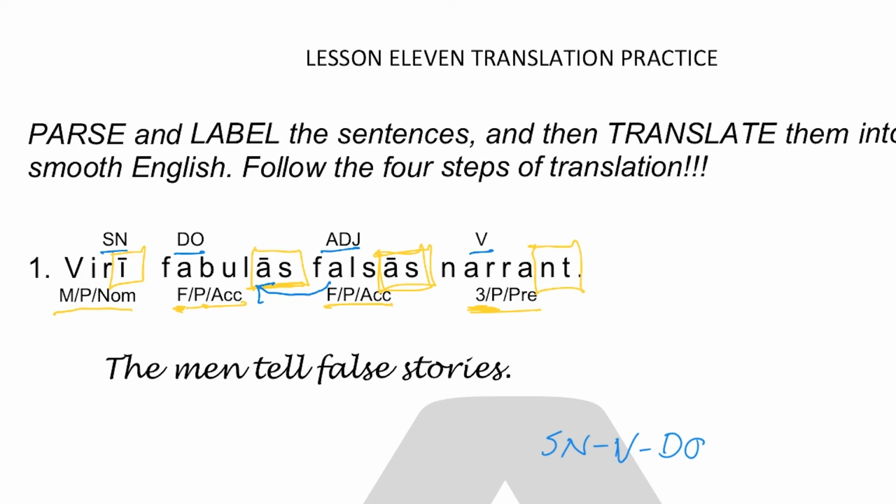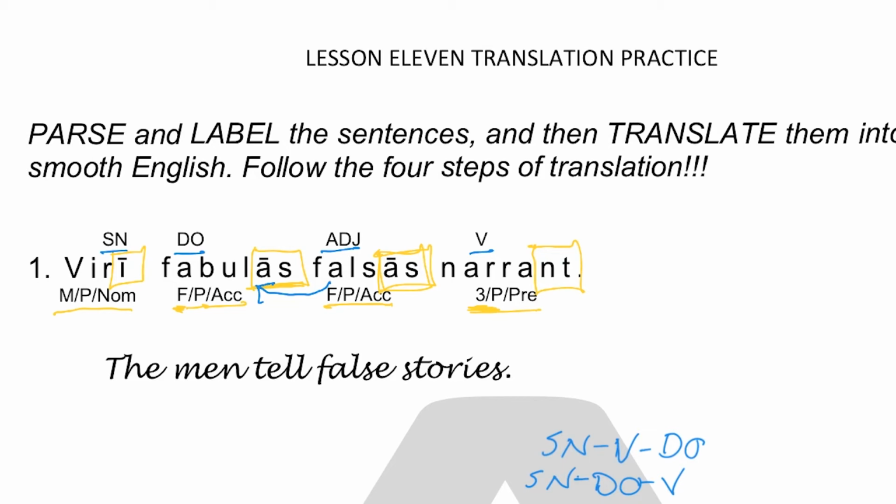You can move things around, but there is a normal pattern, and the normal pattern doesn't match English. The normal pattern is subject noun, then your direct object, and then your verb. So even following the normal Latin pattern, you're going to have to rearrange things to put things in English word order. That's what I mean by smooth English.